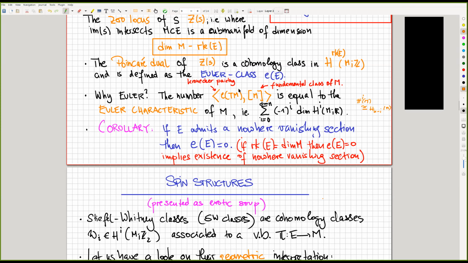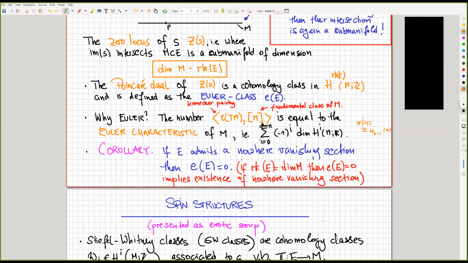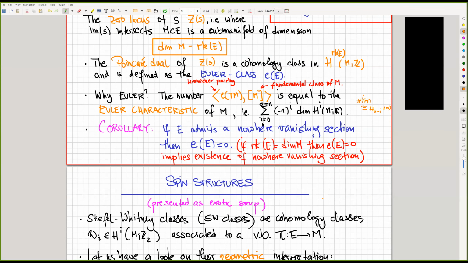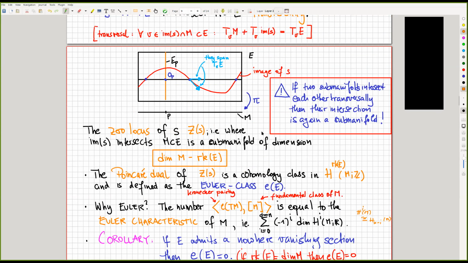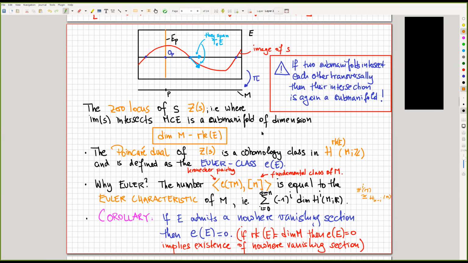Can I ask a stupid question? Yes. I didn't understand this definition of the Euler class. For this definition, you're using a section S, right? Mm-hmm. So how does the Euler class depend on S? It doesn't depend on it.